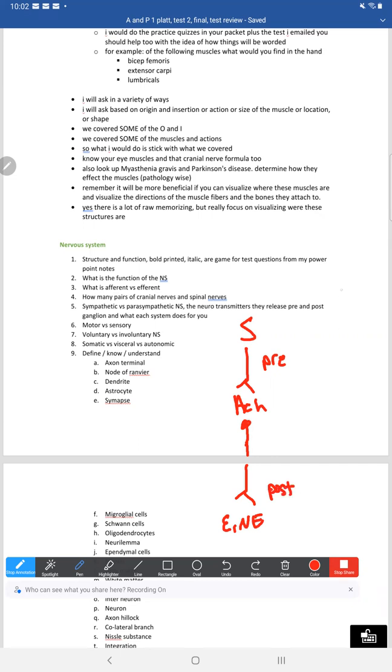And then your parasympathetics is acetylcholine and acetylcholine from the pre and the post.